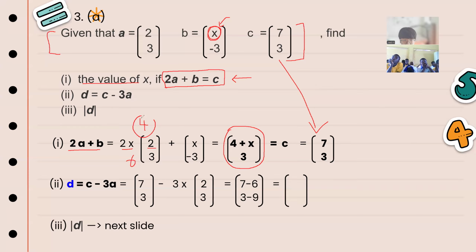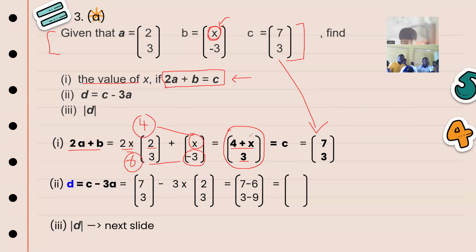So 4 plus x. That's why we get 4 plus x here. We add 6 plus negative 3 and we get 3. That's why we got this form.